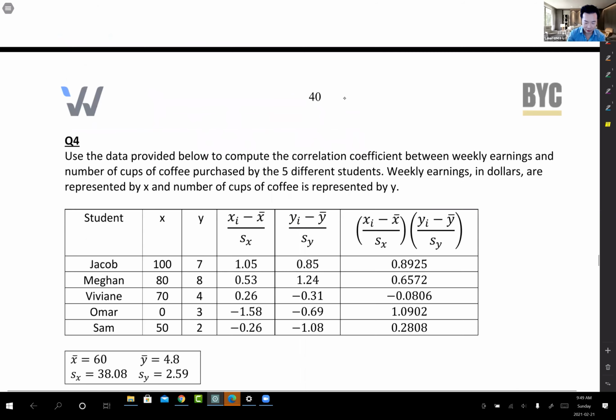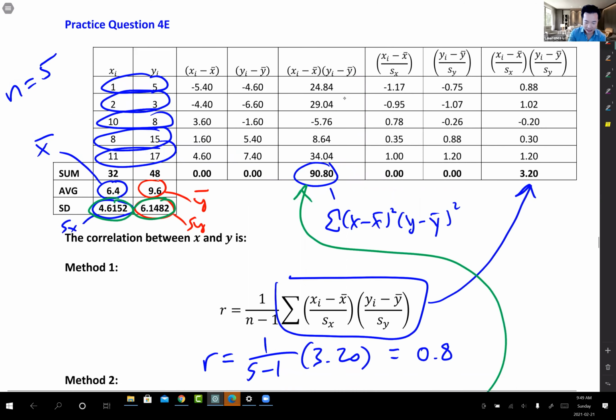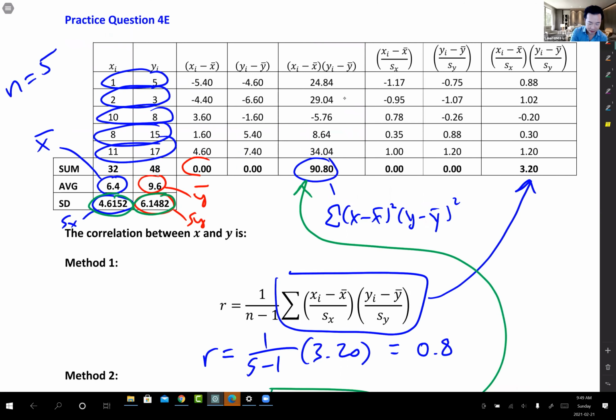So if you look at this formula, sorry, let's go back here. See what I mean? The sum of these is always 0, but we didn't use those two columns. We used this column. So you have to add an extra column.